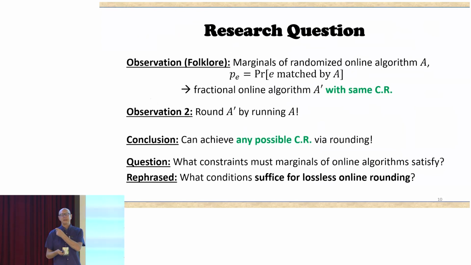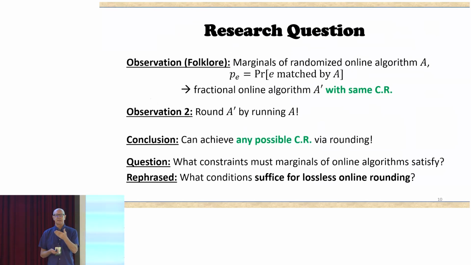and add constraints that will make the online algorithm have this lossless rounding property. The problem with the example that we saw before is, in a sense, the fractional online algorithm is just too good. It just gives you too good a matching.